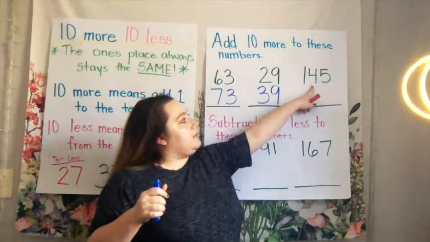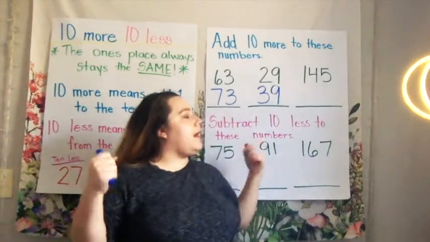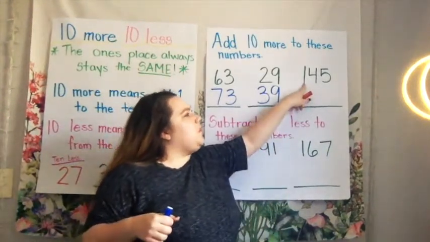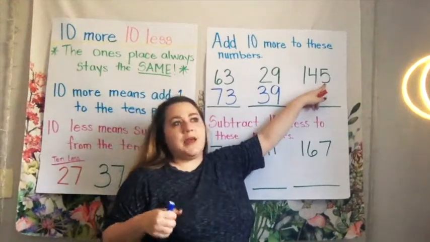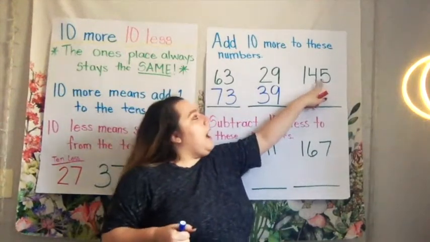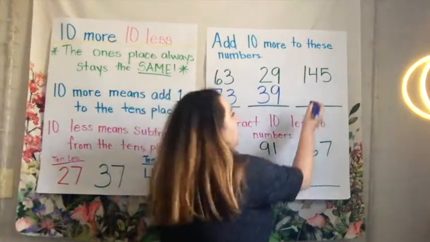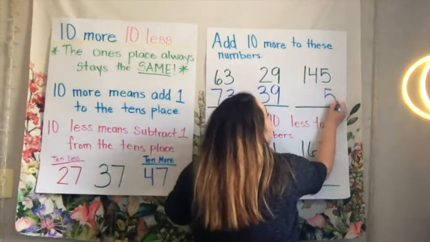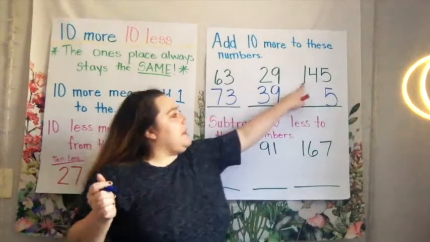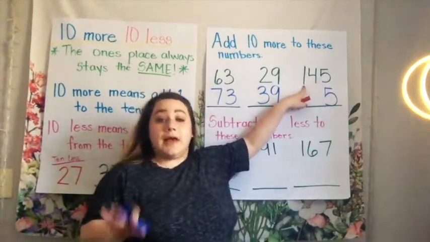I have a challenge. Bring it on. Here we go. I have the number 145. I know that this ones place is going to stay the same, so I bring it down. It's a 5. But now I have something in the hundreds place. Guess what?